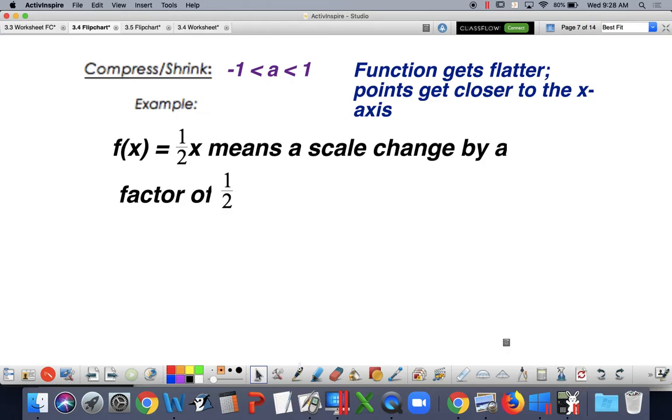If I have a number that's in between -1 and 1, so say I have a number like -1/2 or 1/3, any kind of number that falls between -1 and +1, it means my function gets flatter, it gets compressed, it gets pushed down so it's closer to the x-axis. So if I started with y equals x, remember we're always starting with y equals x, and now I change it to y equals 1/2 x, my line isn't as steep anymore. I have a smaller slope.